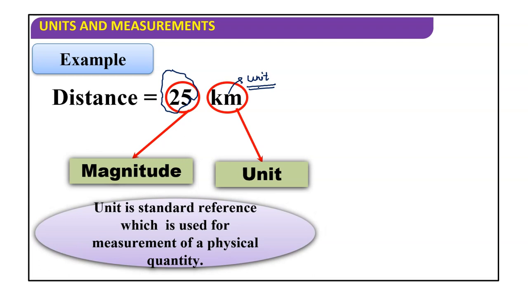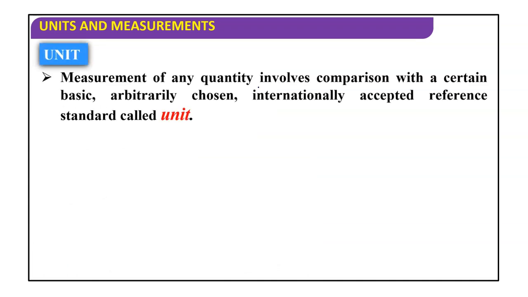Unit is a standard reference which we use for measurement of a physical quantity. Measurement of any quantity involves comparison with a certain basic, arbitrarily chosen, internationally accepted reference standard called a unit. For example, students, we know different kinds of units, but for one particular quantity we want one particular unit applied internationally.